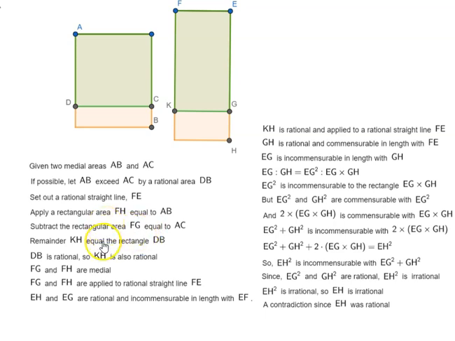And what was the original assumption? That AB exceeds AC by a rational area DB. Since our assumption was wrong, DB is not a rational area. DB is an irrational area. Which means a medial area does not exceed a medial area by a rational area.